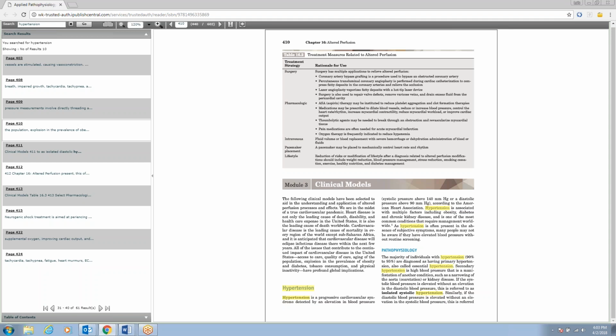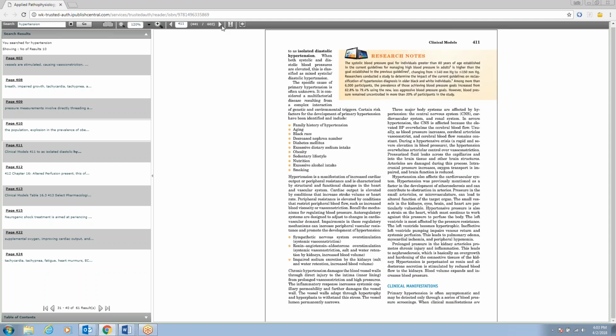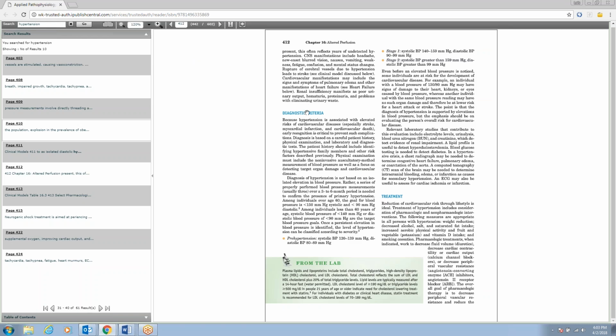So then I might look around in the chapter and find something other than hypertension. And the reason that you can't use the clinical models, like we talked about, is that it'll tell you everything. There's the pathophysiology and the clinical manifestations, and pretty much everything that you would have written in your paper is already there. So that would be one you could not use.